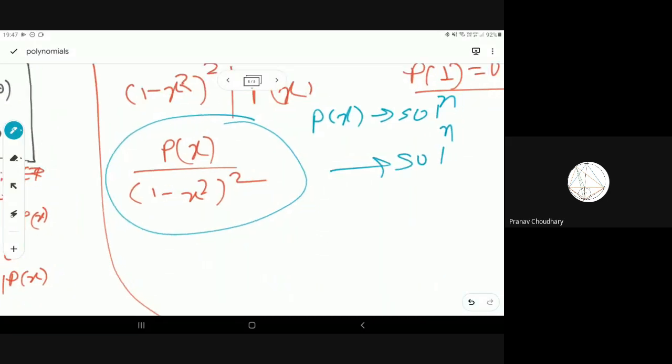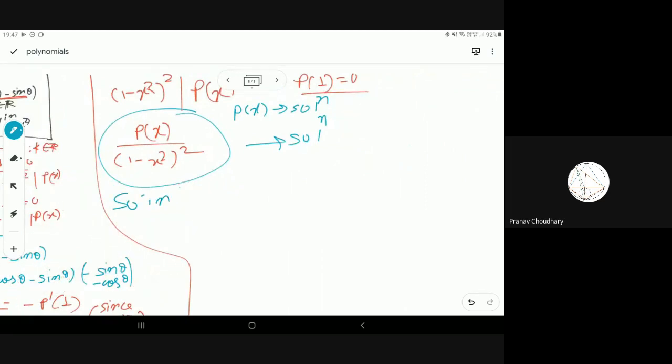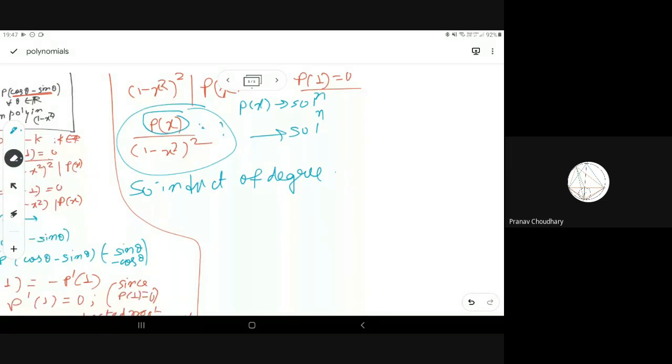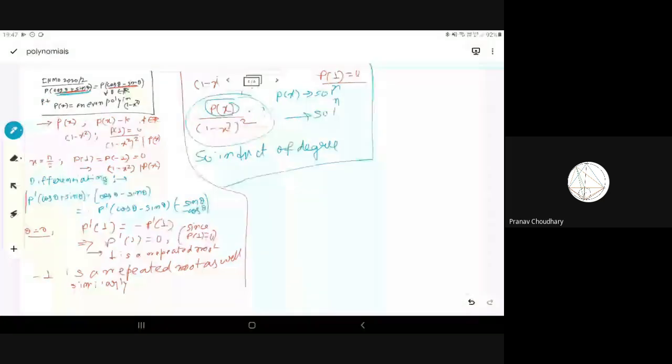So you just induct down on degree. If p of x was of degree 2n, then this thing is of degree 2n minus 4. You can just check the details. I'm not really interested in the details. So that concludes this problem.